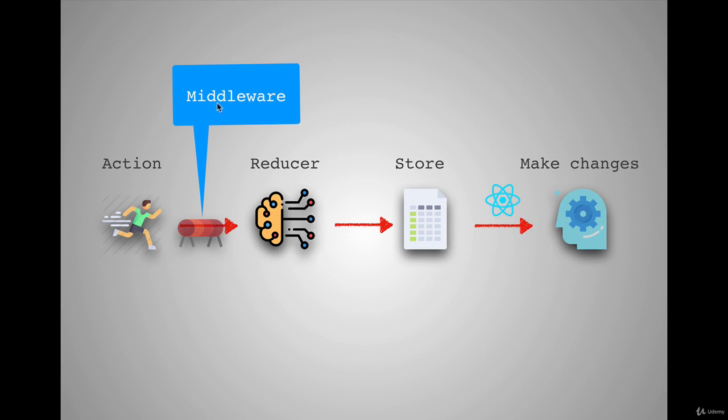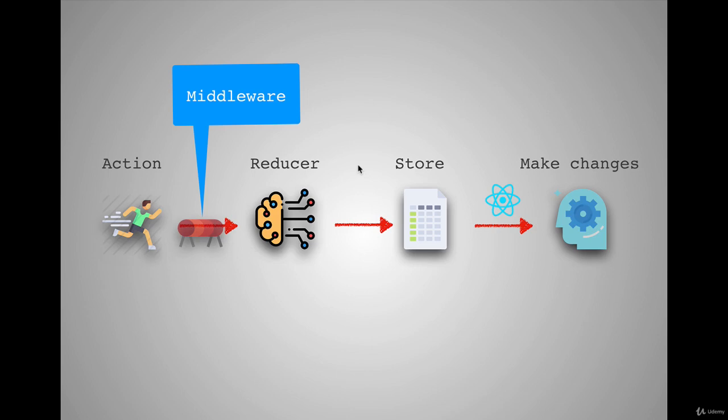It simply listens for actions, and it's a tunnel that actions go through, and depending on what the middleware is, it can modify the action or trigger another action. So they're like triggers that actions go through and something happens within this blue box before it hits the reducer. So why might that be useful for us?